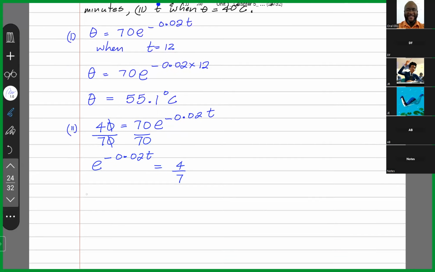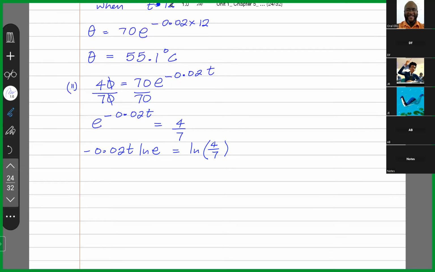All right, take log to the base e of both sides. I'm going to get minus 0.02 t ln e is equal to ln 4/7. ln e is equal to 1, so it's minus 0.02 t is equal to ln 4/7.